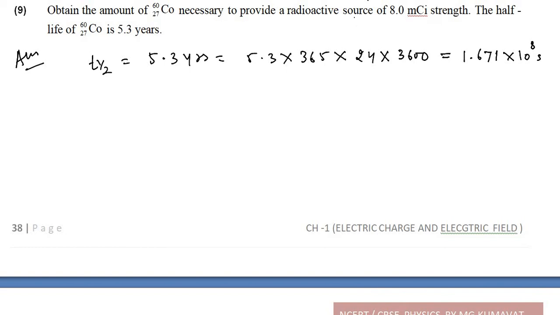Second thing, here the activity is given to us. The source having the radioactive source strength of 8.0 millicurie. So here the activity given is equal to 8.0 millicurie.